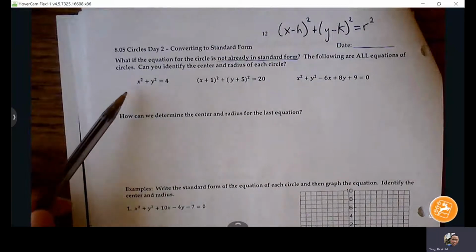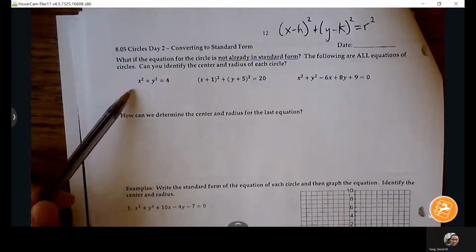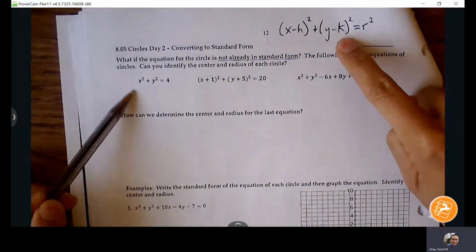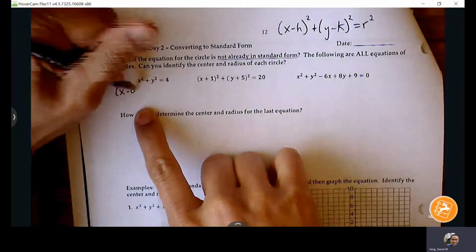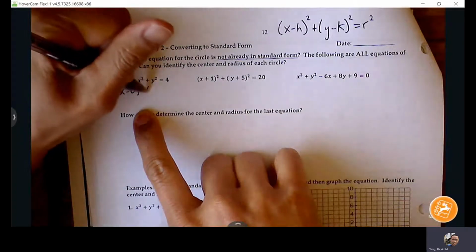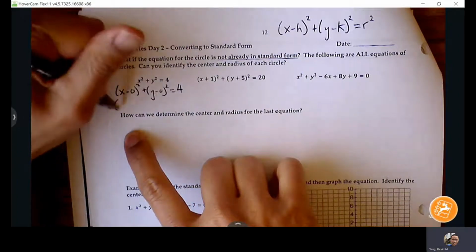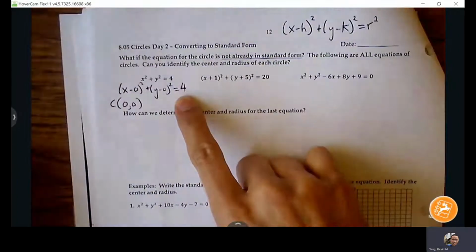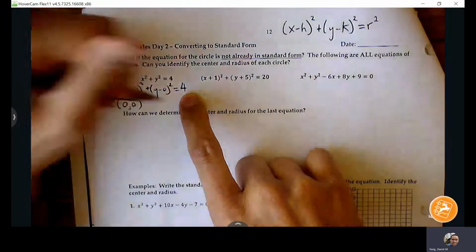Okay, can you tell by looking at the first equation what the center is? Yeah, you see that? We don't see any parentheses, but we can imagine that those are just parentheses with zeros. So the center is (0, 0), and the radius is always the square root of whatever this number is.